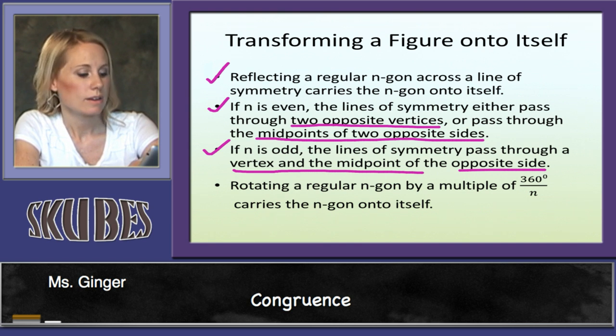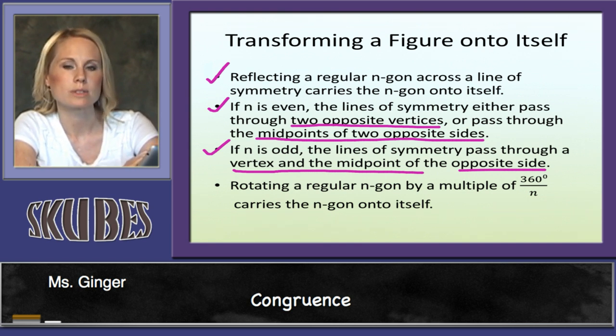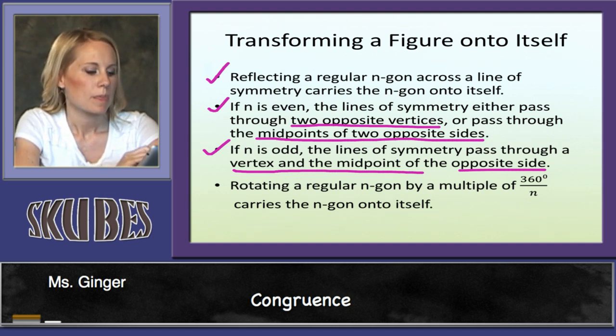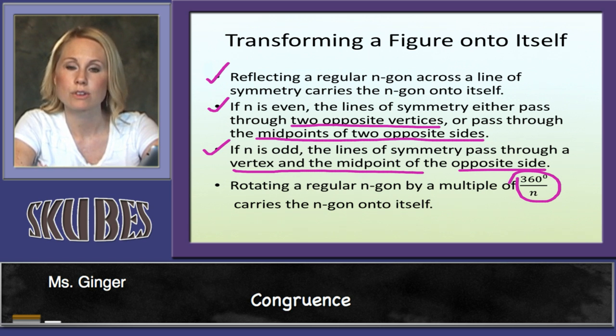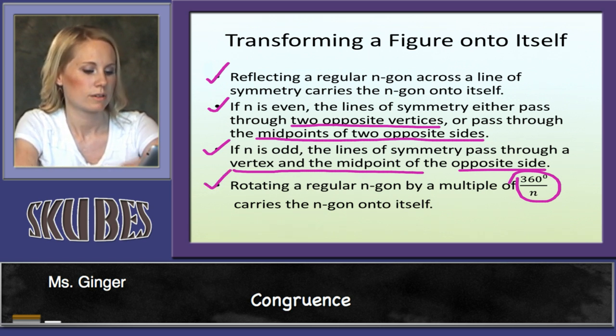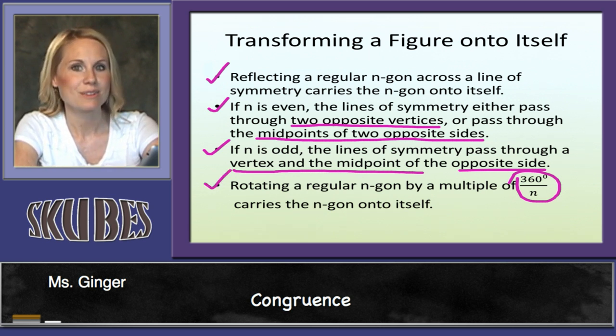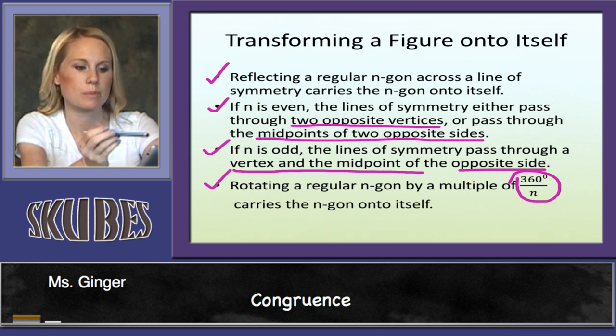When you're rotating a figure and you want to know what would carry this figure onto itself, that's going to be those rotations that turn 360 degrees divided by the number of your sides. So if you have a rotation of that amount of degrees, it's going to carry your figure onto itself. So we're going to keep all this stuff in mind as we take a look at some real examples.